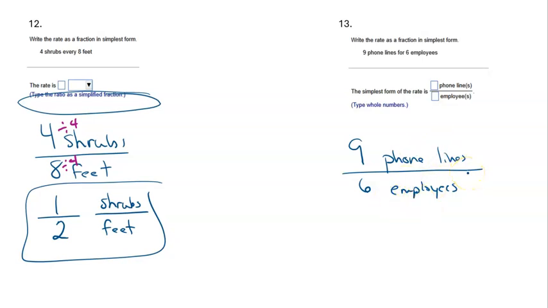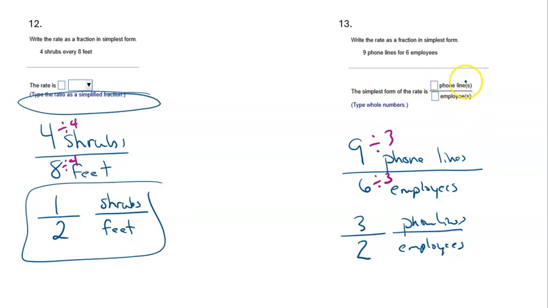That part of the ratio stays, but 9/6 does reduce. They both divide by 3. So 9 divided by 3 gives me 3, and 6 divided by 3 gives me 2, and you still keep phone lines per employees. And notice they don't have that as a selection like the last problem. So it is phone lines per employees, and this is going to be 3/2.